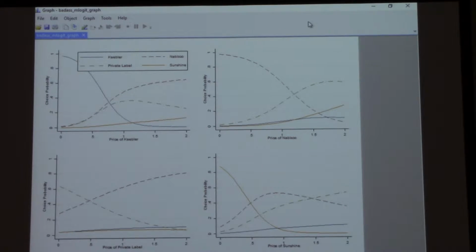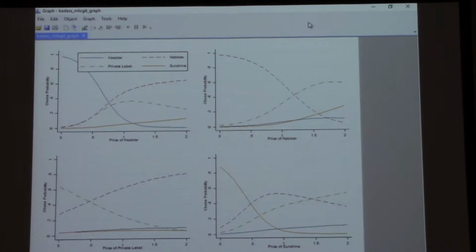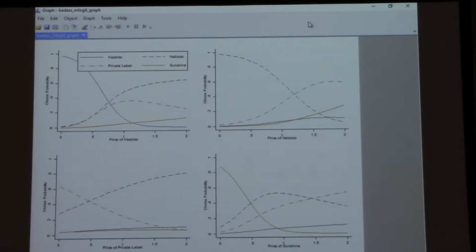That's literally the definition of a cross-price effect: how does our price affect the probability of choosing our other brands? We know they're not going to Sunshine, which is interesting. They're going mostly to Nabisco and private label.